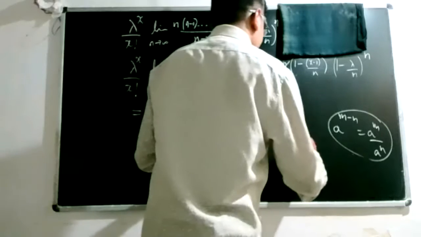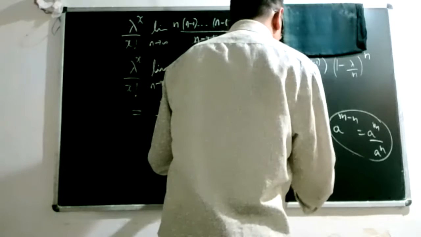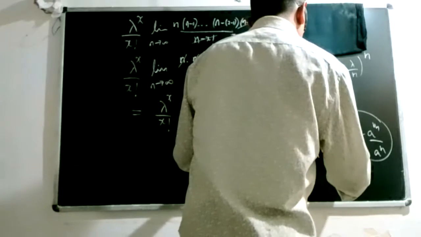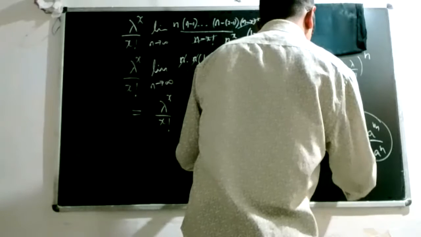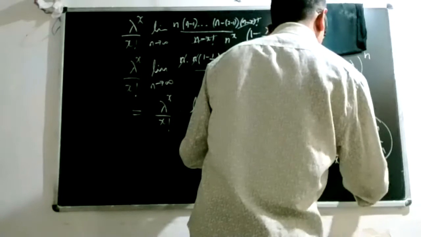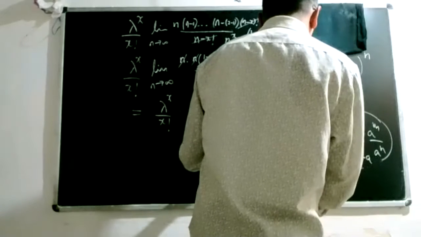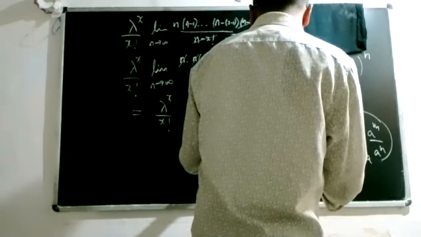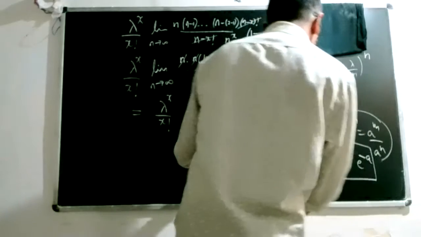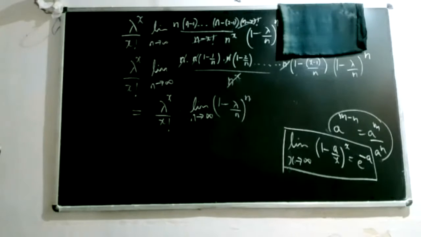And this is a known form of limit. Limit x tends to infinity, 1 minus a by x to the power of x, is equal to e power minus a. So this is a known limit. They might have learned that in the first PUC.